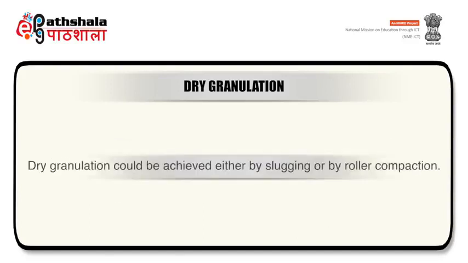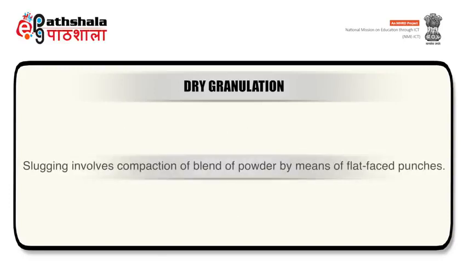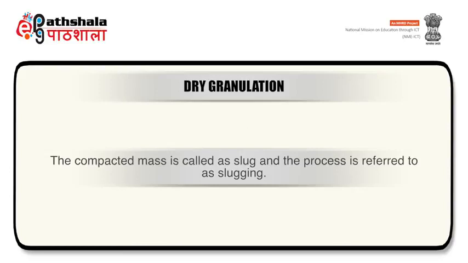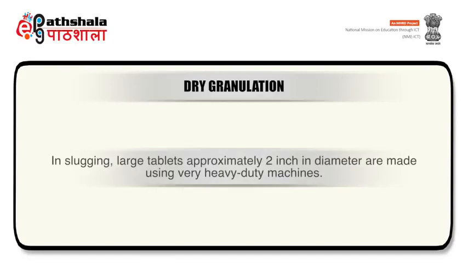Dry granulation could be achieved either by slugging or by roller compaction. Slugging involves compaction of a blend of powder by means of flat-faced punches. The compacted mass is called a slug and the process is referred to as slugging. In slugging, large tablets approximately 2 inches in diameter are made using very heavy duty machines.